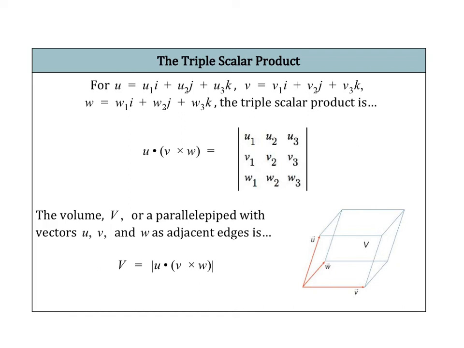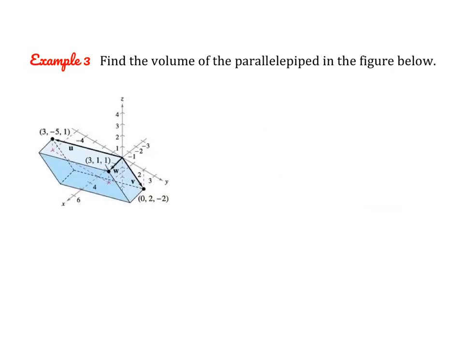So as long as your 3 vectors, vectors u, v, and w, are adjacent edges of your parallelepiped, you can find the volume of this figure by taking the triple scalar product of vectors u, v, and w. And then it's going to be the absolute value of your result, because volume has to be positive. So it's super easy to do as long as you know this really cool formula for the triple scalar product.